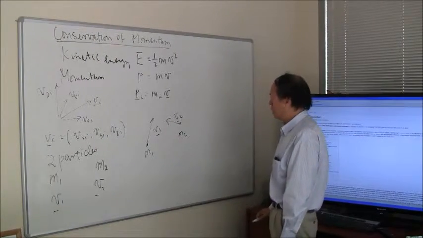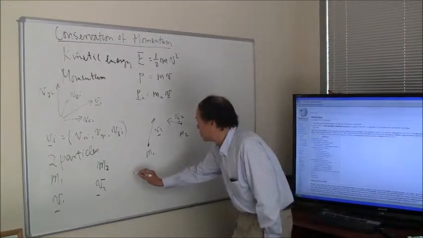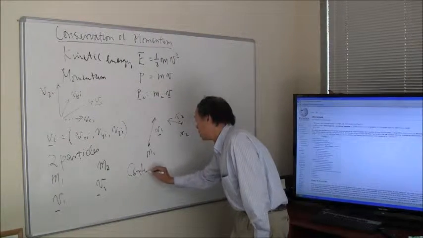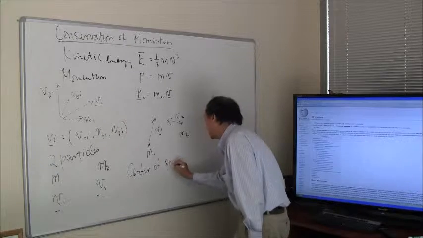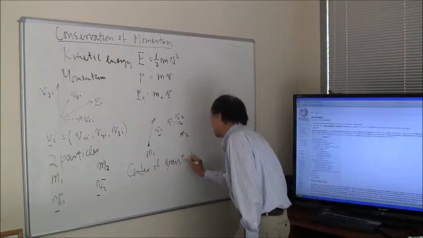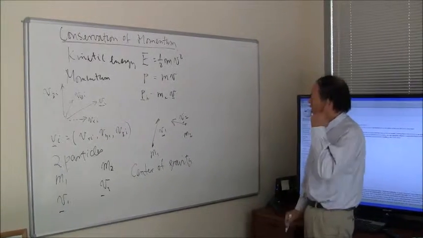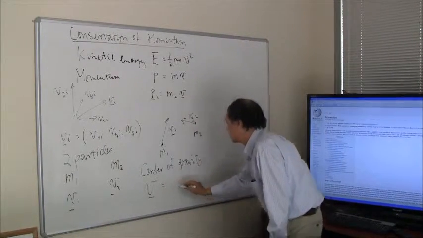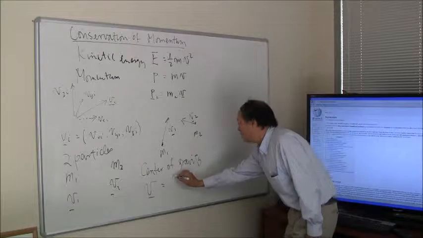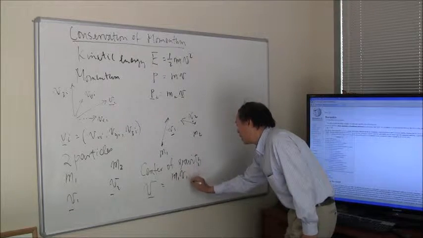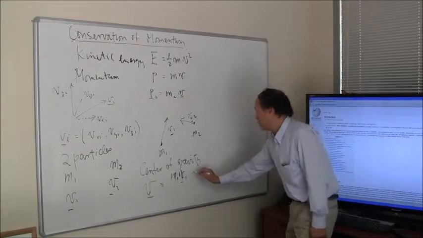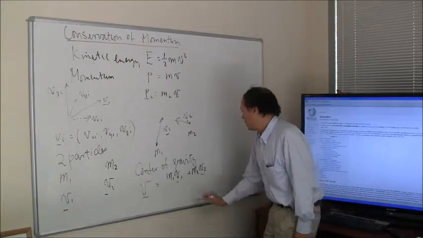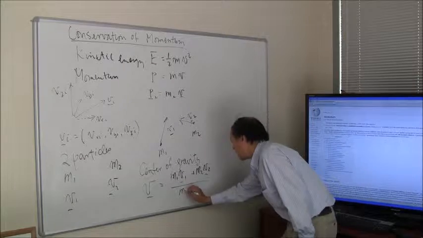Now, what we need to know is the so-called center of gravity of the two particles, meaning that you are looking at the vector v, which is m1 times the v1 vector plus m2 times the v2 vector, divided by m1 plus m2.